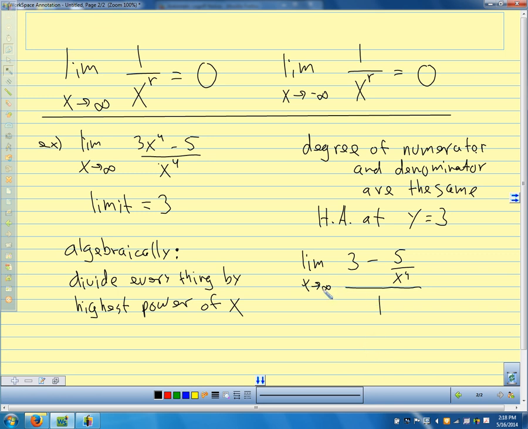The limit as x approaches infinity of 3 is just 3. The limit as x approaches infinity of 1 is just 1. And the limit as x approaches infinity of negative 5 over x to the 4th, we have a number over x raised to a power. That limit is 0. So we get 3 minus 0 over 1 equals 3.